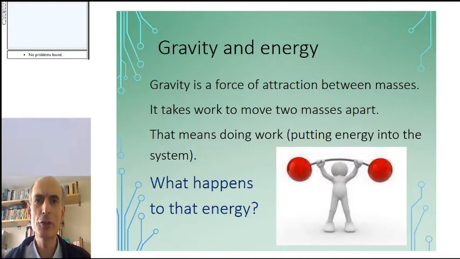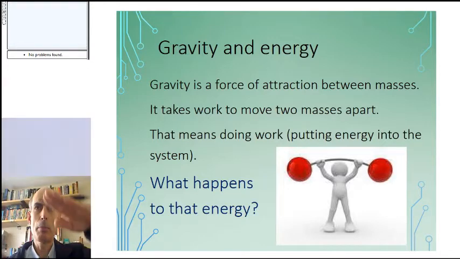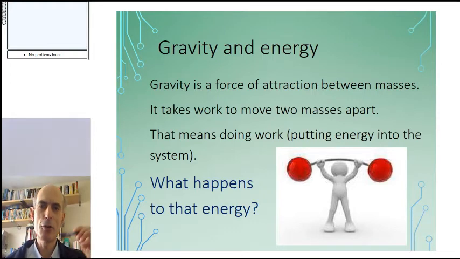We know that energy is conserved, but where is it? Well, the pen here and the pen up here, they have the same mass, the same size, they're at the same temperature. Where did that energy go? One way of thinking about this is that that energy got stored in the gravitational field.